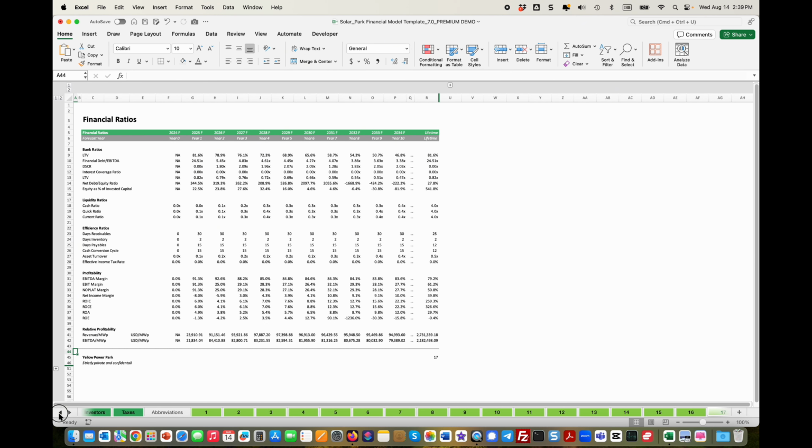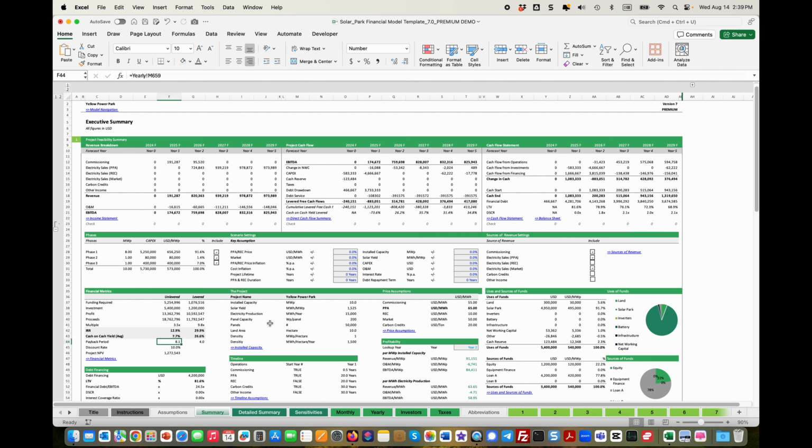So this model at the end helps you really to understand your solar park project, to look at it from all different kinds of angles, from the developer's point of view, from the next investor's point of view, from the bank's point of view, from a feasibility point of view, from a budget point of view, and get really a comprehensive grasp on the financial implications of performing such a project.